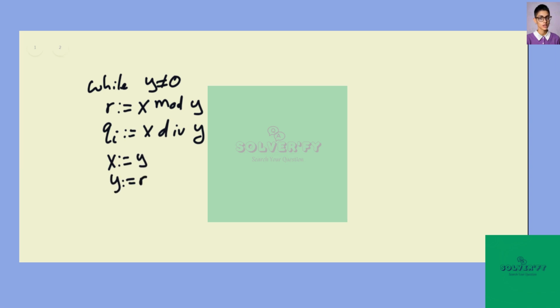So that's the case where, if we were taking the GCD of 144 and 89, we would get 144 is equal to 1 times 89 plus 55. But then we're setting x equal to y. So now that next time we'll take 89 and figure out what that is, where y is the remainder, 55.